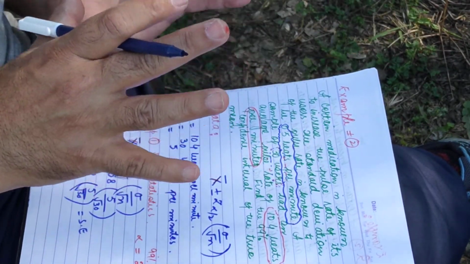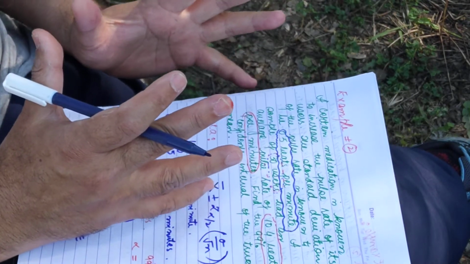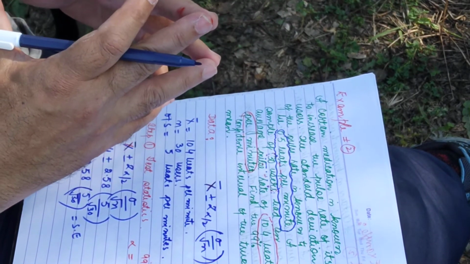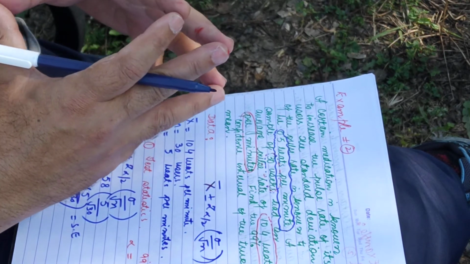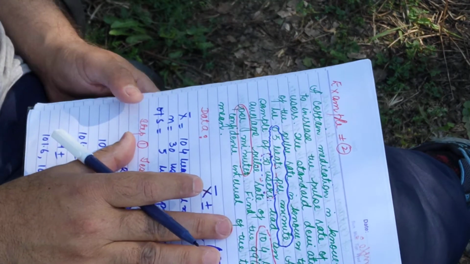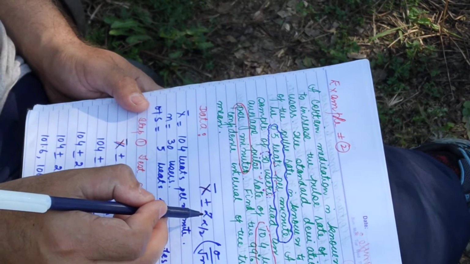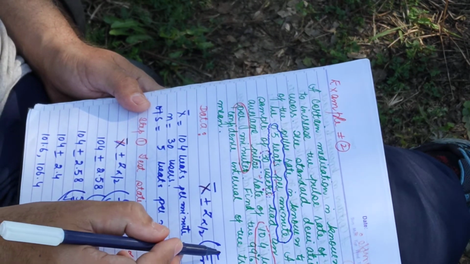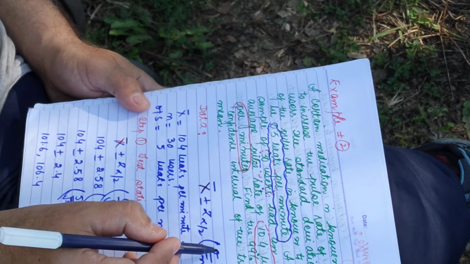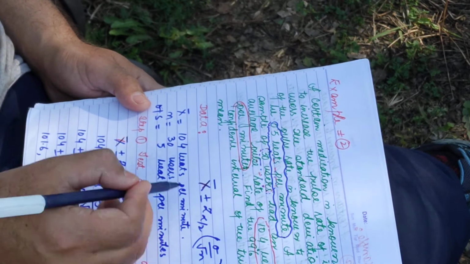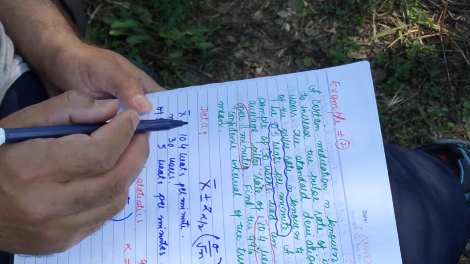We learned today how to calculate the confidence interval by using the formula x bar plus minus z alpha by 2 multiplied by sigma, or standard deviation, divided by the square root of n.